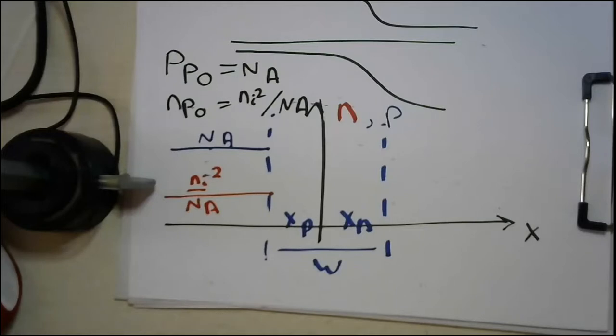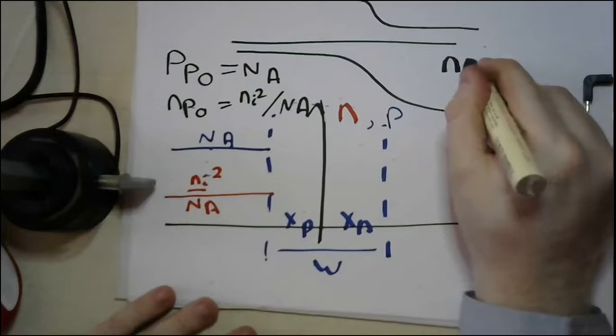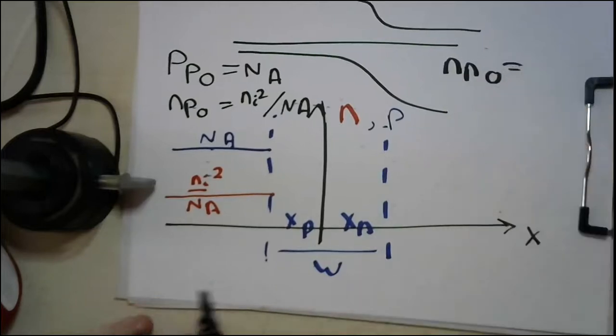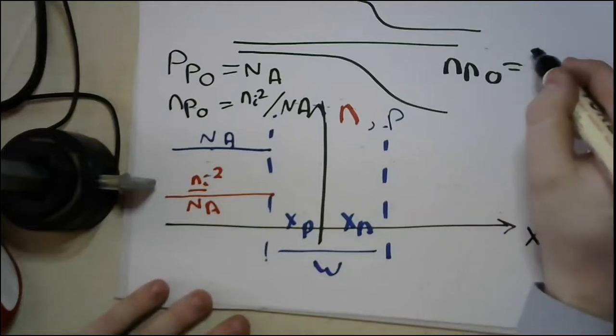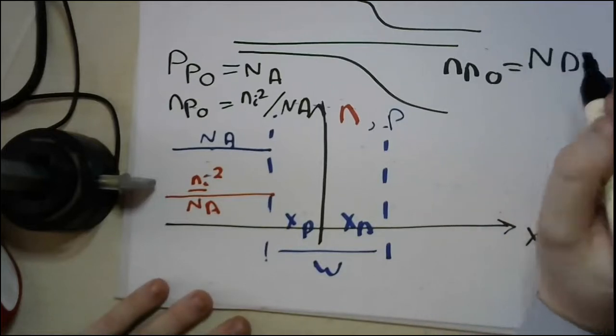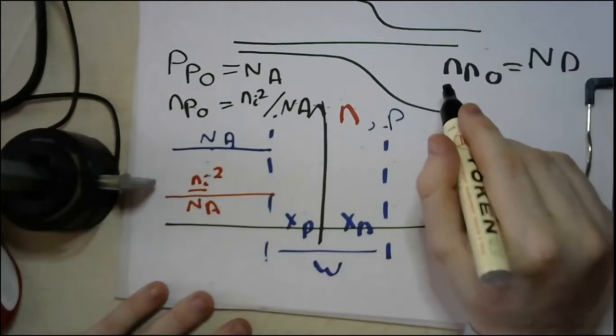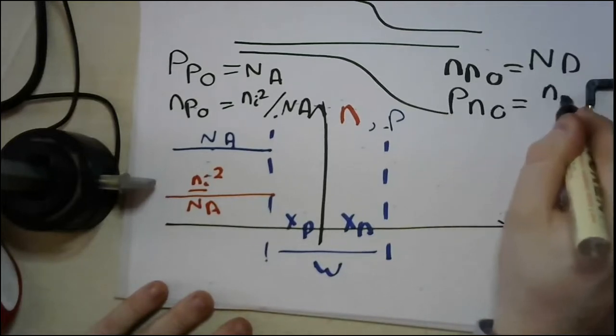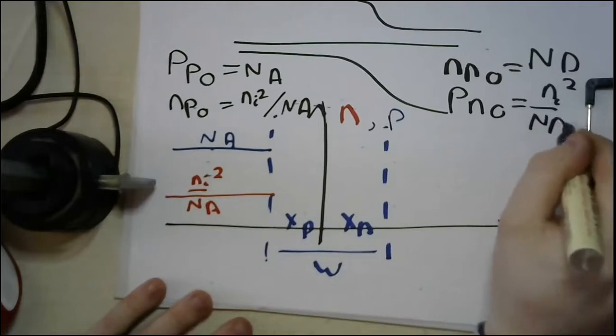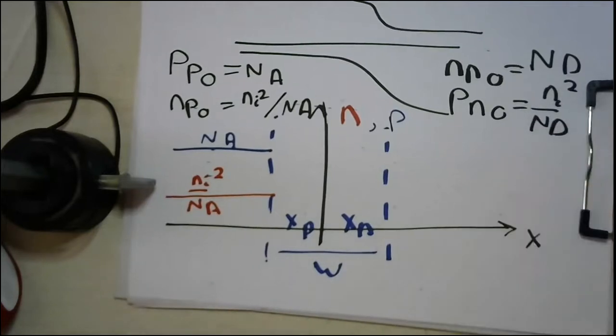Reversely, in the N region, we have what's called N node, which is the electron concentration in the N side at thermodynamic equilibrium, which equals Nd. And we have Pn node, which equals Ni squared over Nd. So simply you can solve these both.